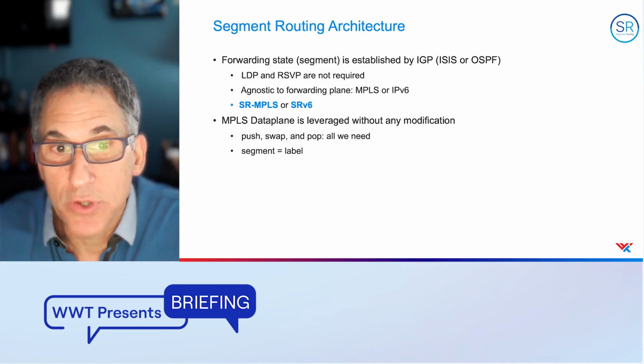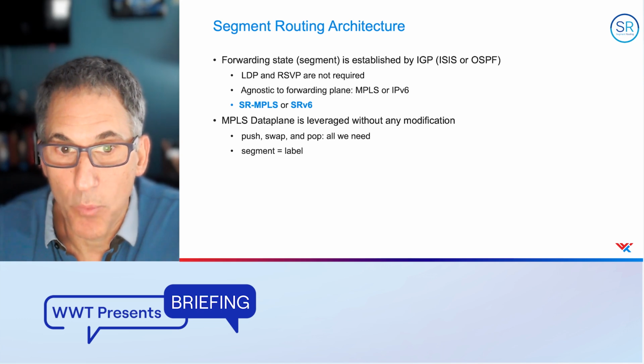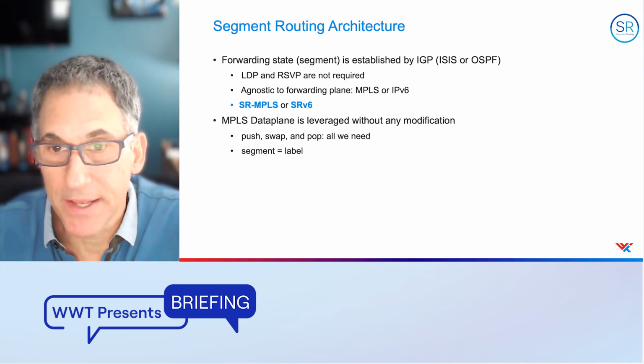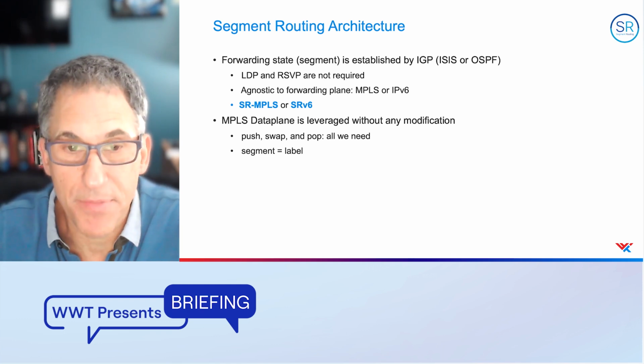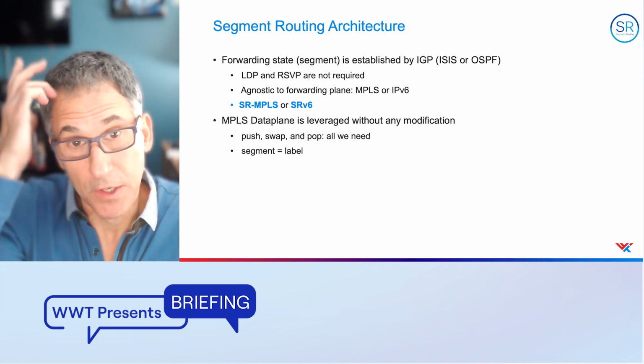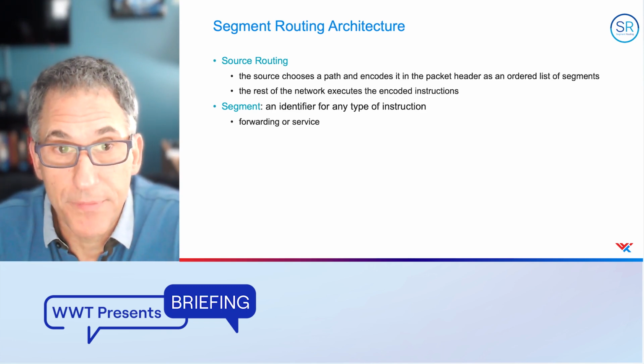Again, when we're doing SR-MPLS, we're doing MPLS without any modification to the data plane. We do all the same operations we did, and we often refer to a segment as a label, but it's basically the same thing. So segment routing is often referred to as source routing.